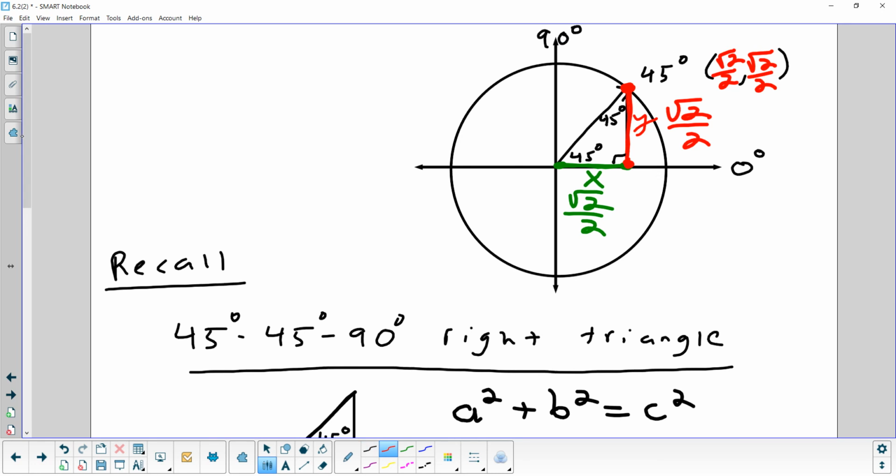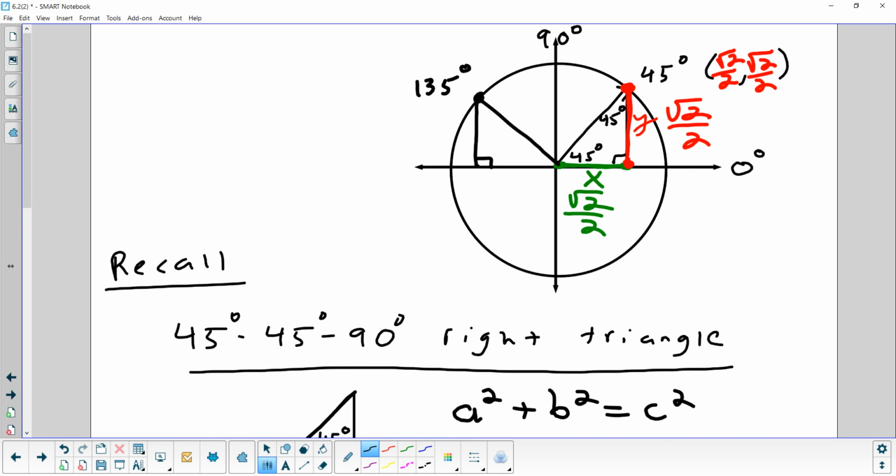Now, when we do a 45-degree angle in a different quadrant, so you have this one. This is 135. That's the multiple of 45 in quadrant 2. That triangle in black is just a reflection of the triangle I had in quadrant 1. When you reflect a shape, does it change the length of the sides?